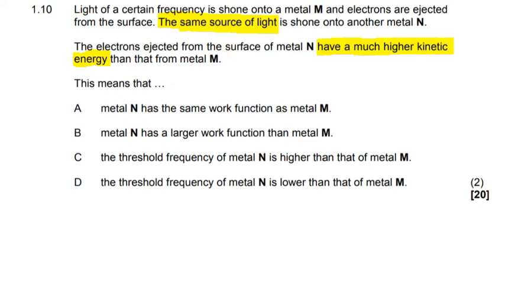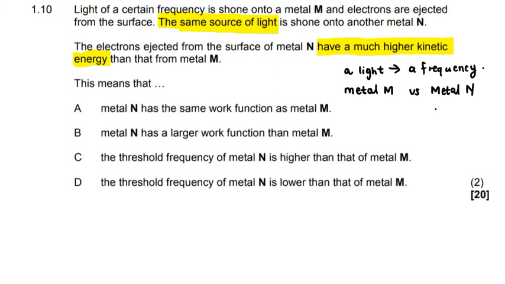Okay. That's an interesting observation. Okay. So basically we have a light, right? This light has a frequency, right? So keep that in mind, right? Then we have metal M versus metal N, right?